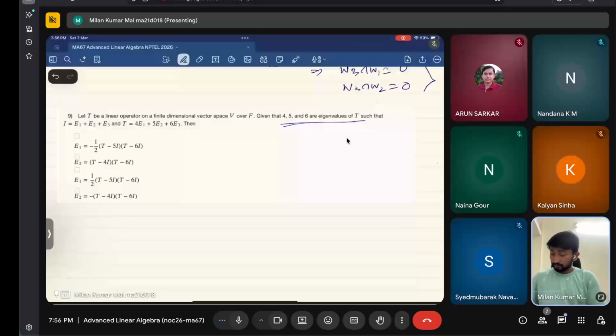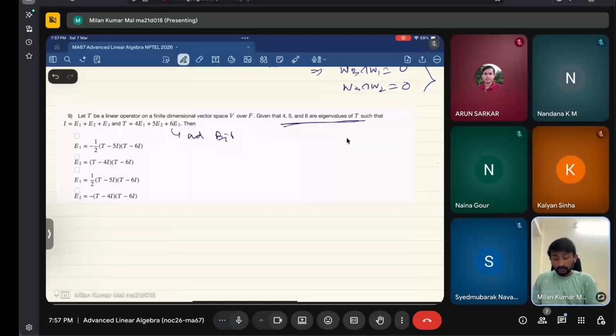Okay, this is the diagonalizability fact, but here I think it needs some more, given that these are eigenvalues of T. And here is one more fact: EiEj equals 0 for i not equal to j.